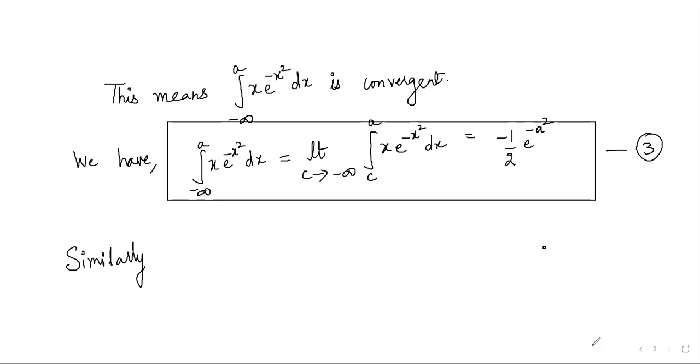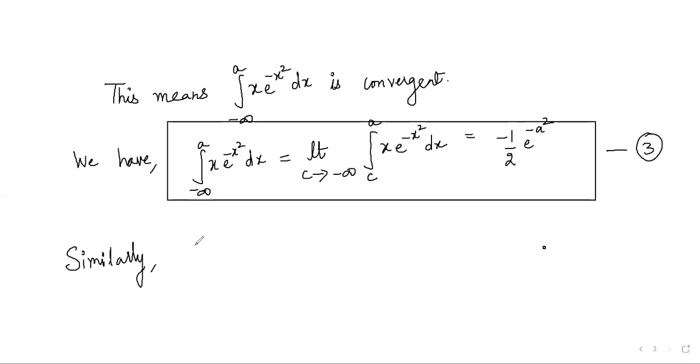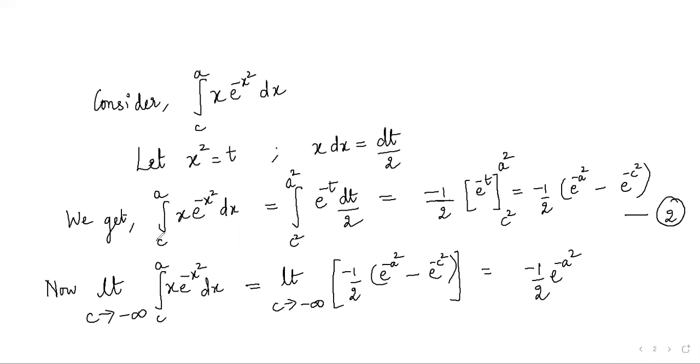Before writing that integral, let us write down what will be the expression for this integral, which is within the limits a to b. Similarly, this integral a to b x e raised to power minus x² dx, how we can write it? We can write it from this second equation. When we were having from c to a, then we were having this one, and now we have from a to b.